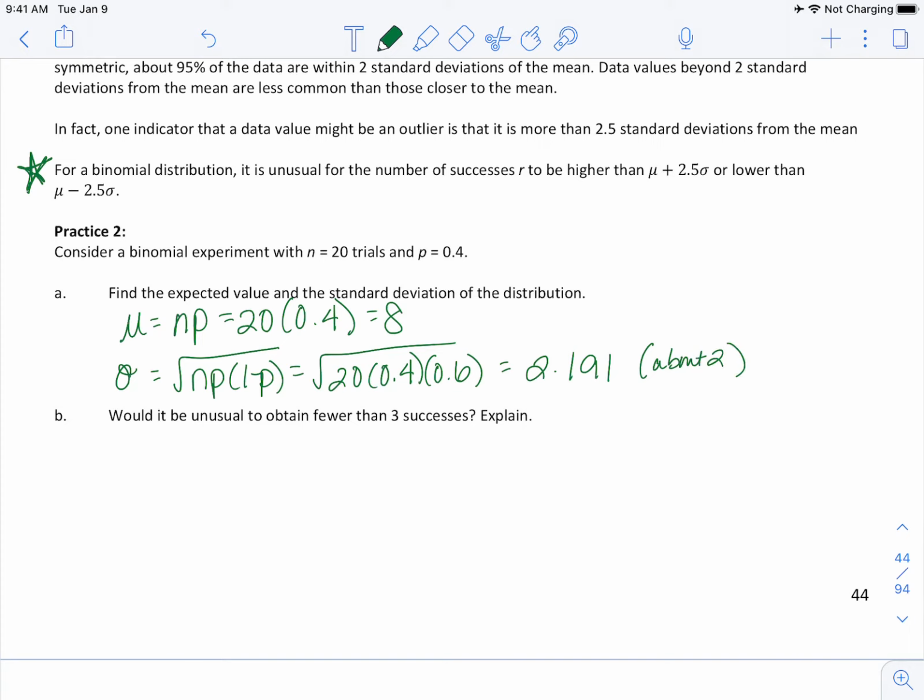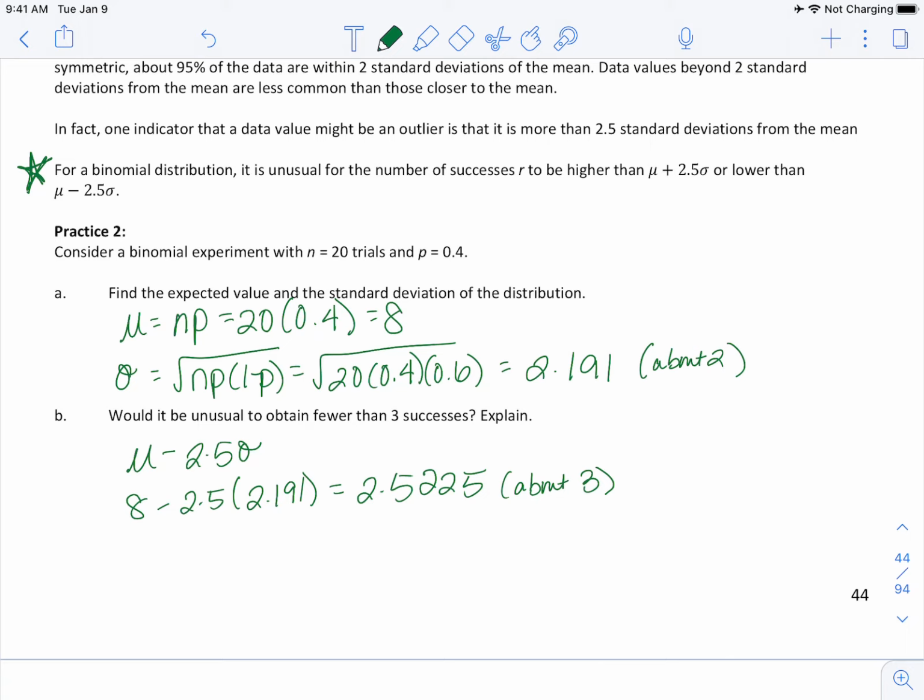It says, would it be unusual to obtain fewer than 3 successes? Explain. Well, we have mu minus 2.5 times our sigma. So 8 minus 2.5 times 2.191. So that's going to give us 2.5225, which is about 3 if we're rounding it up to whole numbers here, right? So we want to think about if this is unusual.